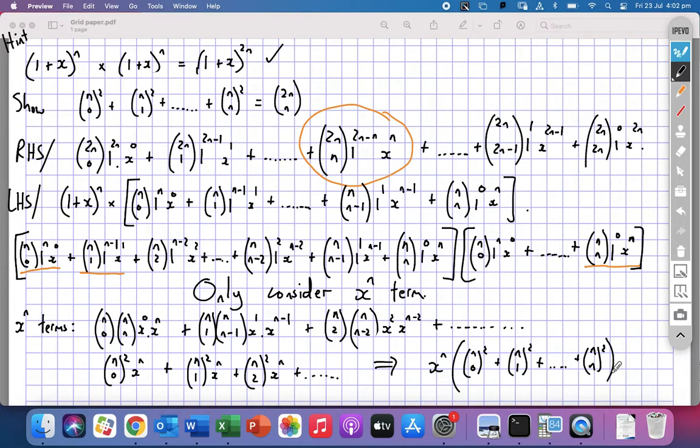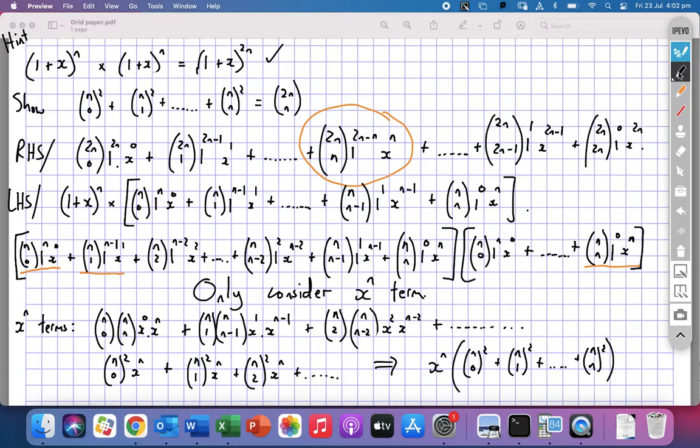And that would be happening when your last term here, n choose n, multiplied with this first term here, makes this last thing here. So this would all be some number: n choose 0 squared plus n choose 1 squared plus n choose 2 squared plus all the way to n choose n squared.